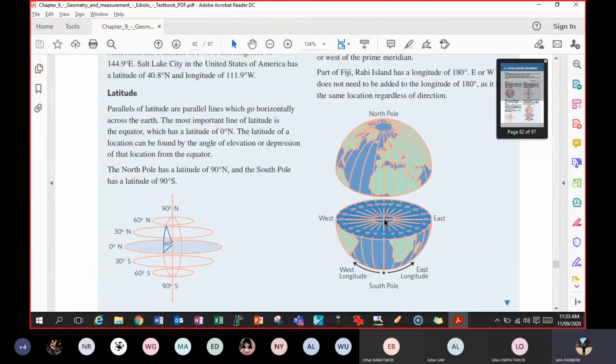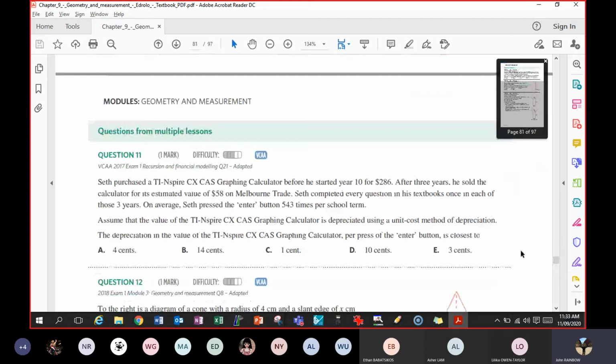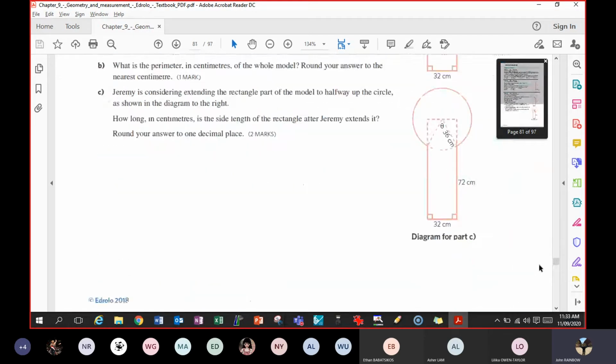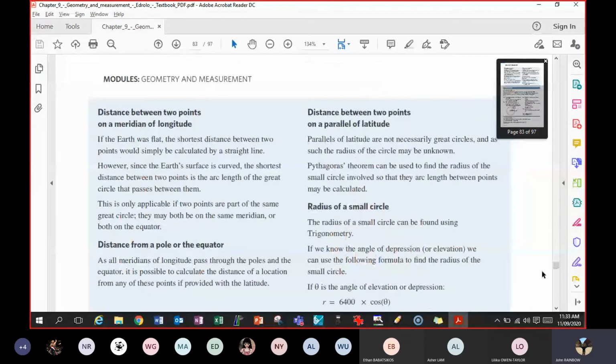If you're sitting right in the middle, it's about how far across we go, so it goes around to 180 easterly and 180 westerly. Latitudinal lines give us an idea about how far north or south we are. Let's look at how this works with some questions.